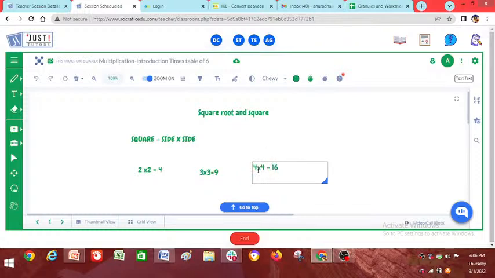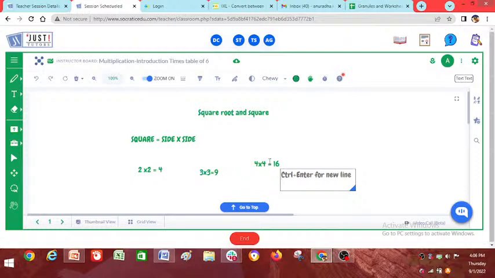So I hope you understood the square. Now we will move on to some square numbers starting from 1, 2, 3, 4, 5, and so on. We have come across the square of 2, that is 4, 3, that is 9, and 4, that is 16.